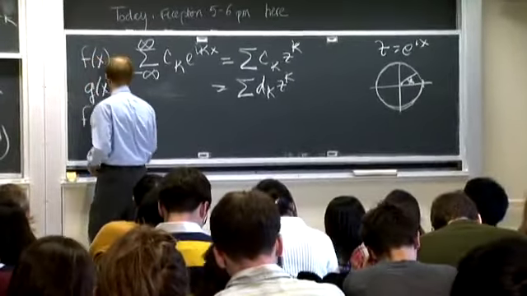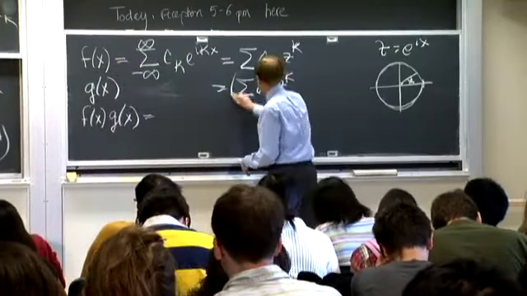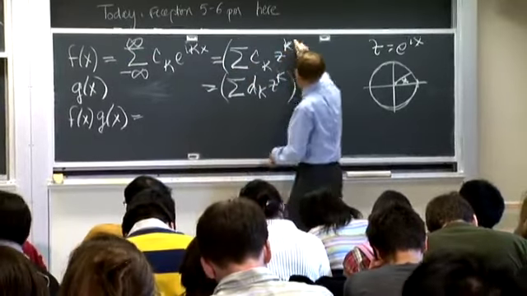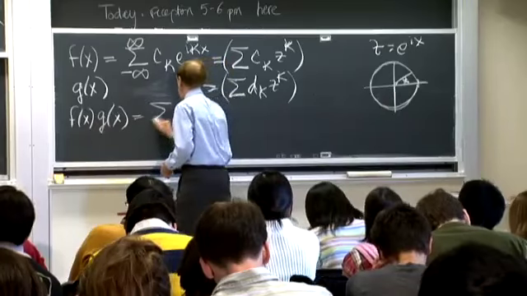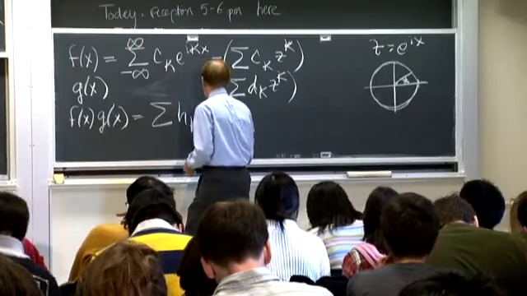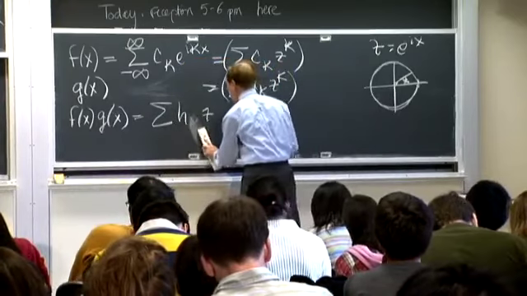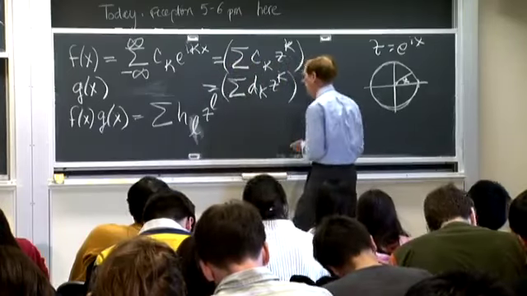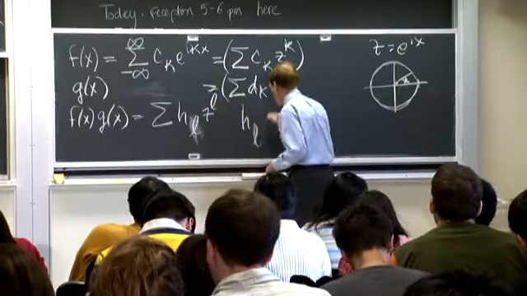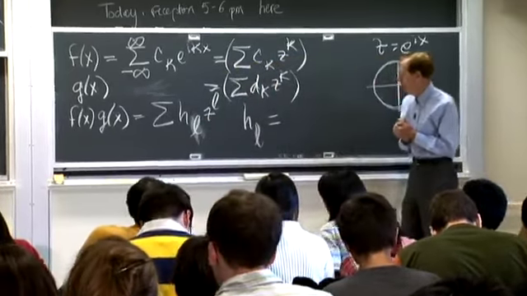Okay, let's do it. So then f of x, g of x is, when I multiply that polynomial or series by that polynomial, I get some polynomial with coefficients. I changed to L just to have a different symbol there. And what was the formula for h_L? What is the coefficient of z to the L?